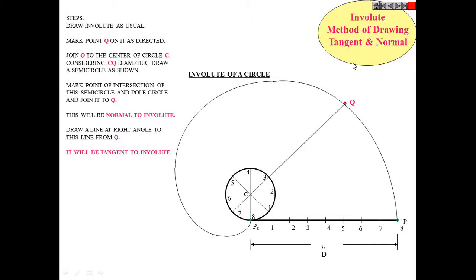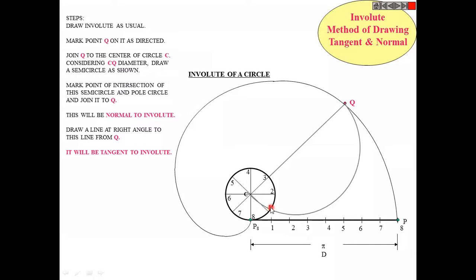Now here in our problem it is CQ. Fine, what I am demonstrating, it is CQ. In our problem, I will discuss later on. So with CQ as diameter, draw a semicircle like this. Now that semicircle will intersect the base shape at a certain point.